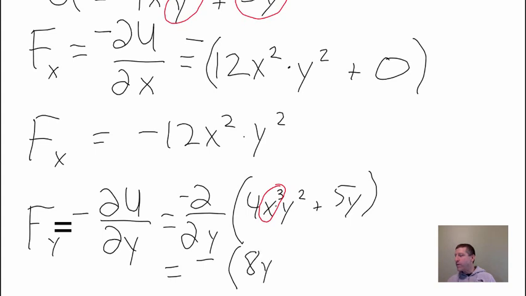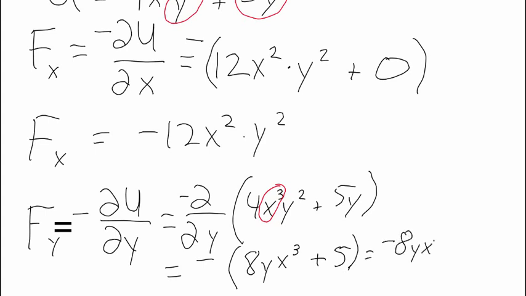That's from this and this. 4y squared, take the derivative, you get 8y. But then this constant, because it's a factor, it'll stay there. It's x cubed. Notice I'm doing it with respect to y this time. Now, what's the derivative of 5y with respect to y? Well, that's just 5. So I get my final force in the y direction is negative 8y x cubed plus negative 5. Don't forget the negative. That's the biggest mistake you could make on that.